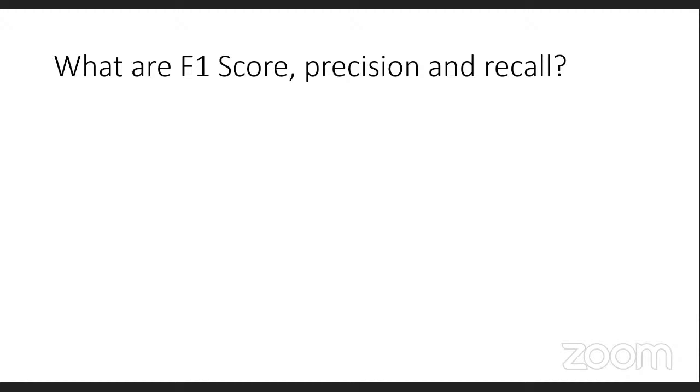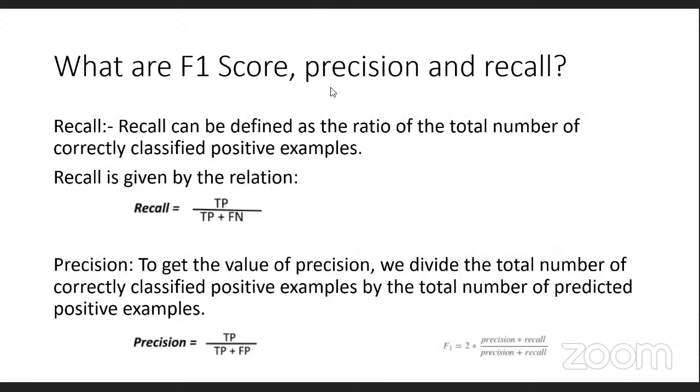Okay, let me tell you what precision actually is. Precision is nothing but, out of the positively predicted values, how many of them are correctly predicted. Precision tells about, out of positively predicted elements, how many are correctly predicted.